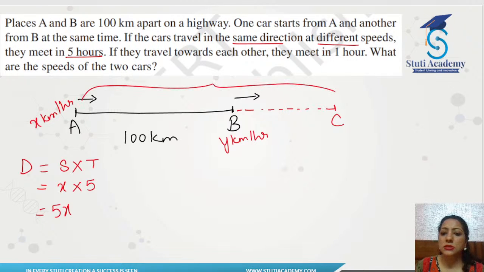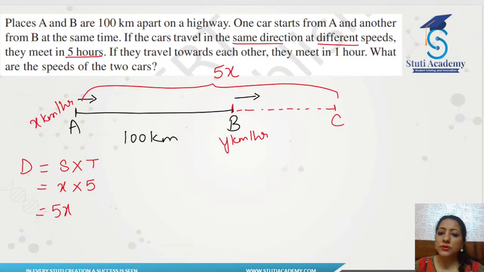That means this distance here is 5x. The car is starting from here and after 5 hours it is meeting here. So the speed of the car is x kilometer per hour and the car is traveling for 5 hours. So 5x is the distance.